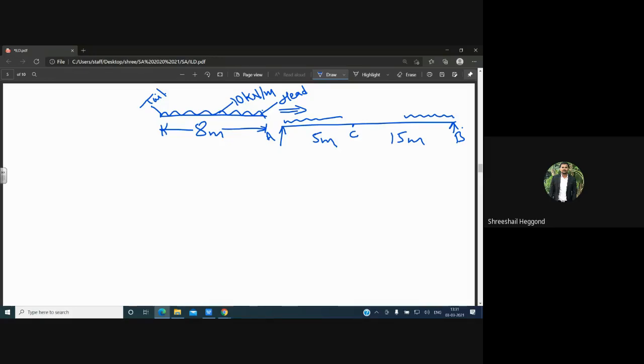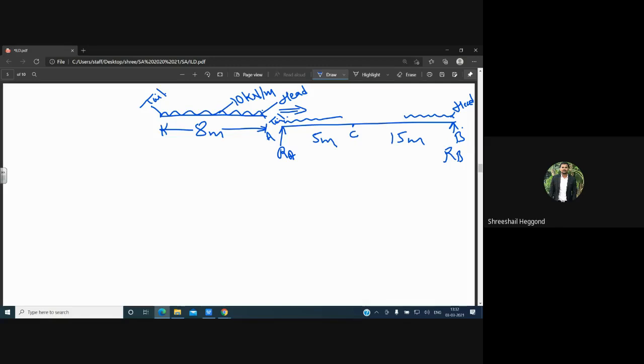Okay? So the maximum reaction at A, RA, will be when the tail of the UDL is at A point. And similarly, RB will be maximum when the head is at B point. This is how you need to calculate the reactions. In the previous sum, the constant loads were there. That was not moving at all. Now the load is moving from one end to another end.